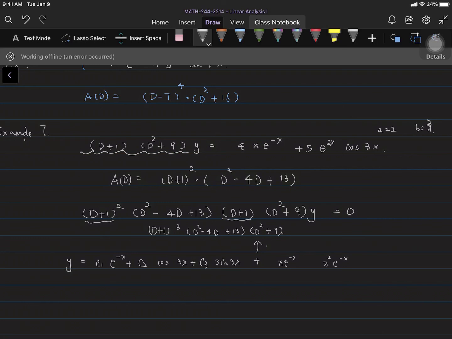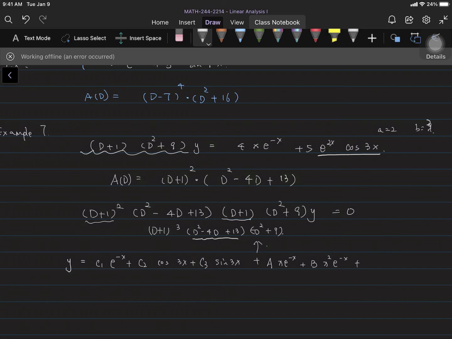So we can do a, b, and corresponding to that one, we get this from this term.